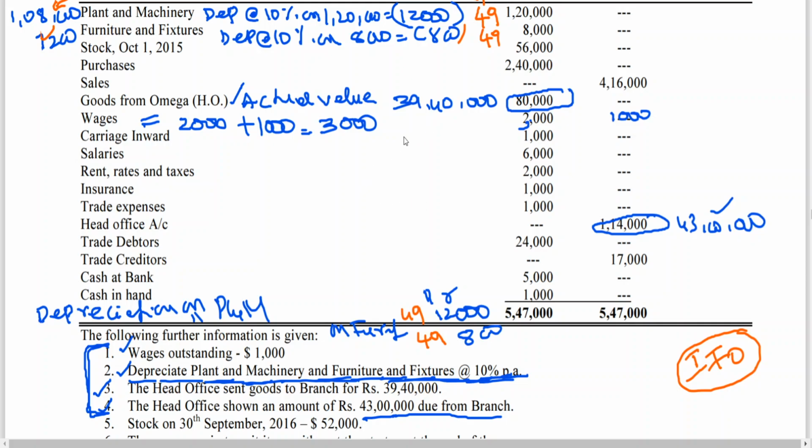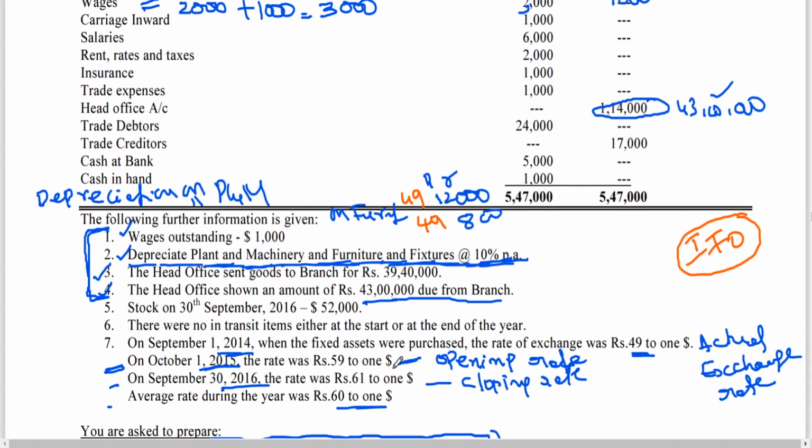Purchases. I've told you purchases come under what category? Other revenue items. I told you actual exchange rate. For purchase of goods, have you got an actual exchange rate? Have you got any actual exchange rate for purchases? It has been given for fixed assets. Okay. So in the absence of actual exchange rate, use average rate.